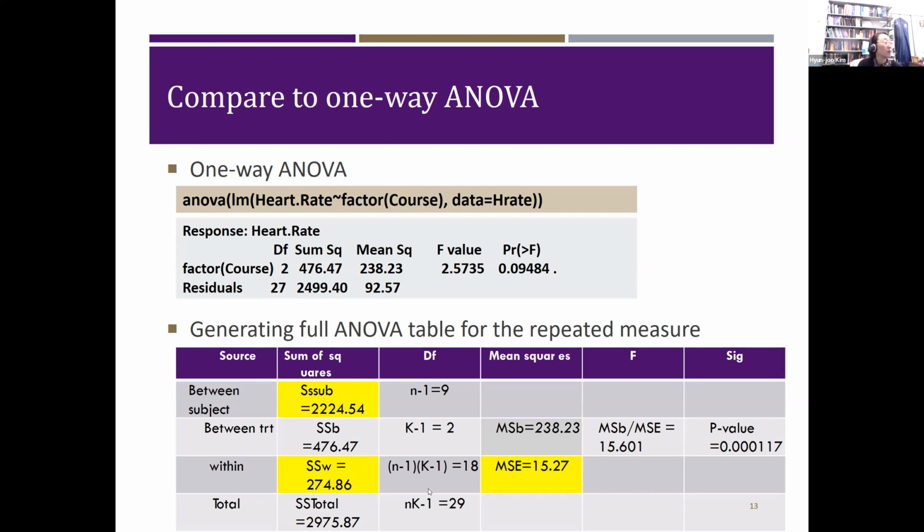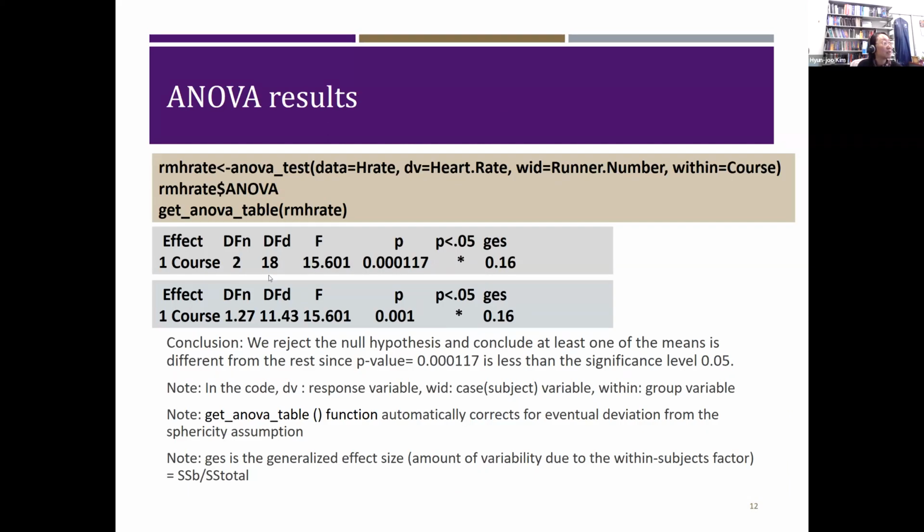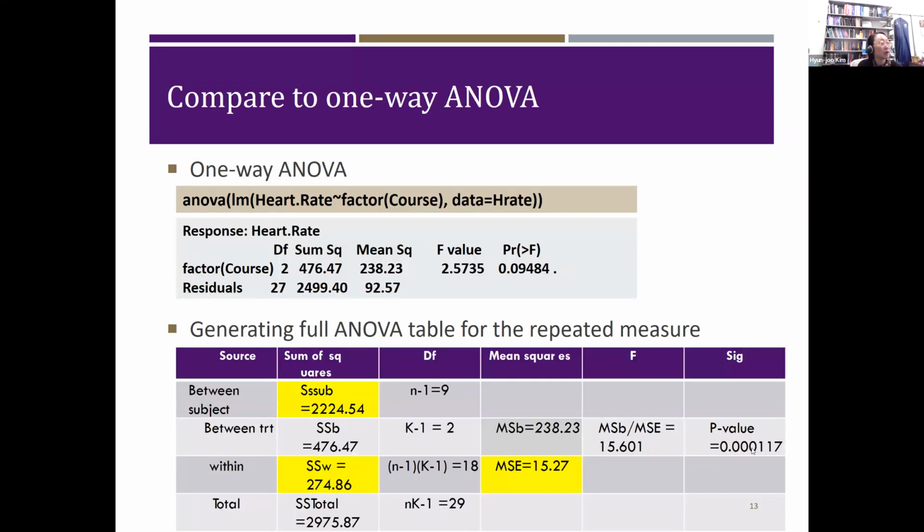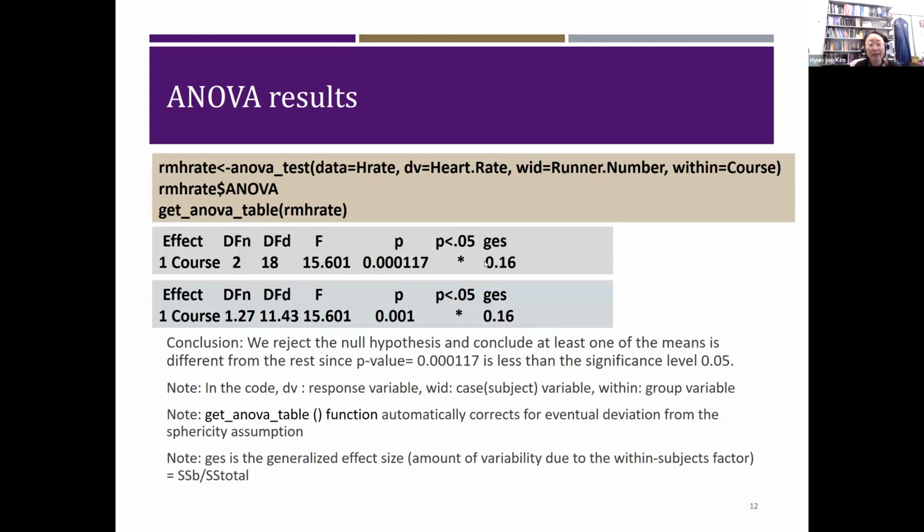The repeated measure ANOVA table in the previous slide is a short version of what we are talking about right here. Our p-value will be 0.00117. The generalized effect size, GES in the previous slide, is SSB over SS total.